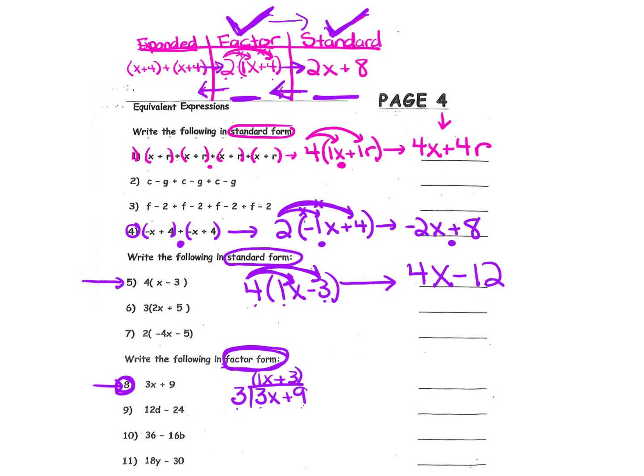We need to write this as a multiplication problem, or in other words, factor form. 3 is one of our factors, and then our other factor is the quantity x plus 3. So on the line, you will write 3 times the quantity x plus 3. Feel free to put a 1 in front of the x.